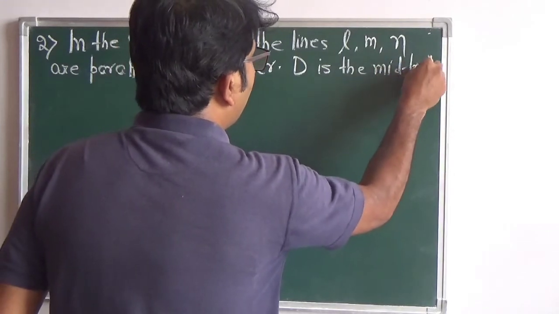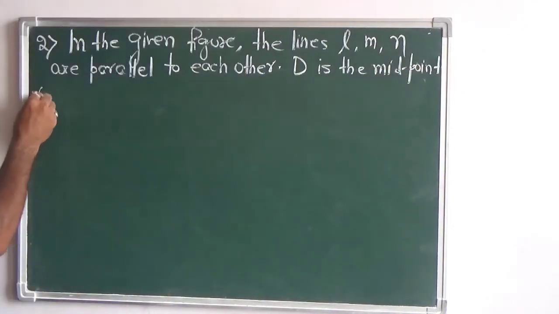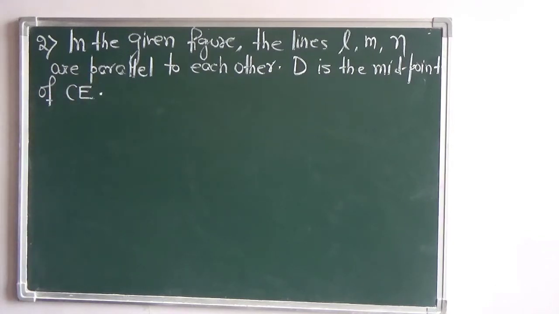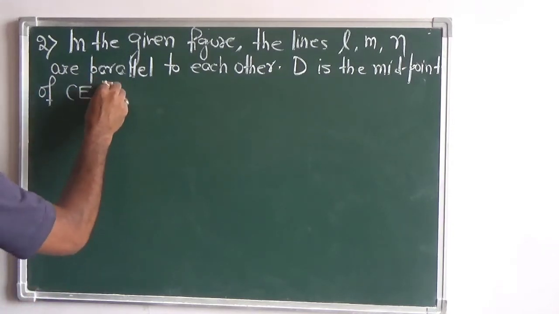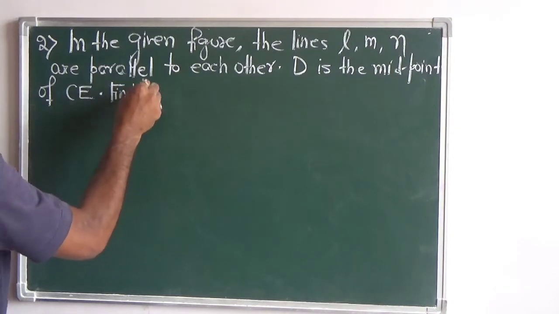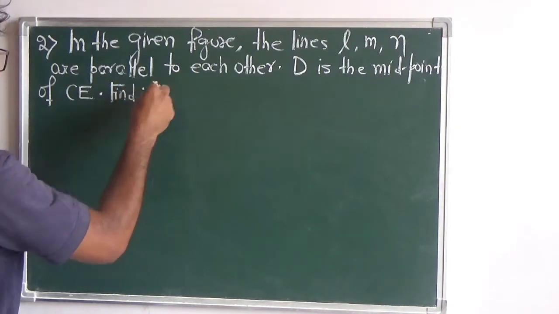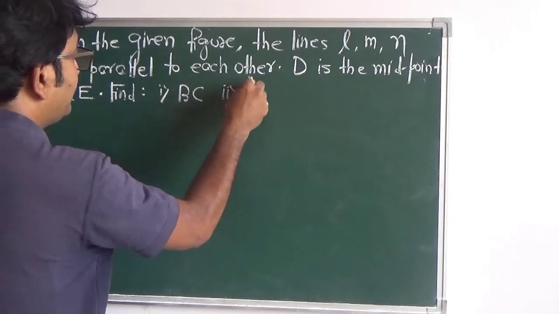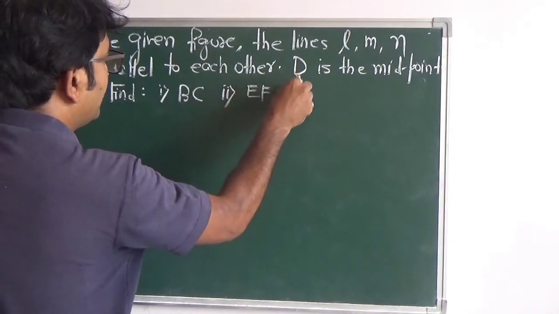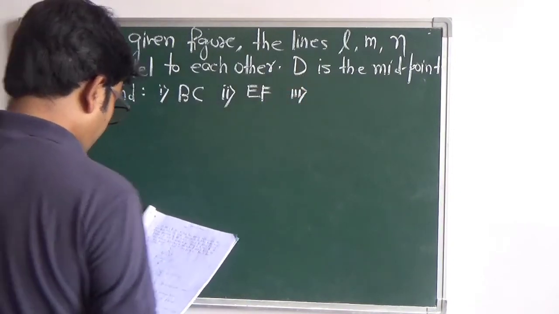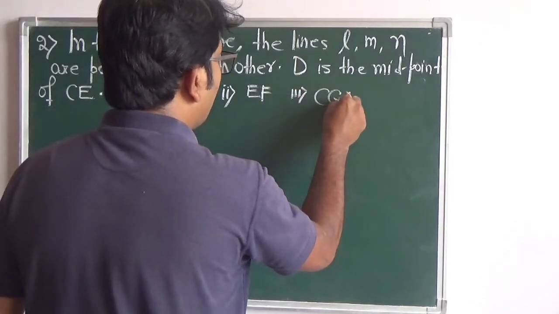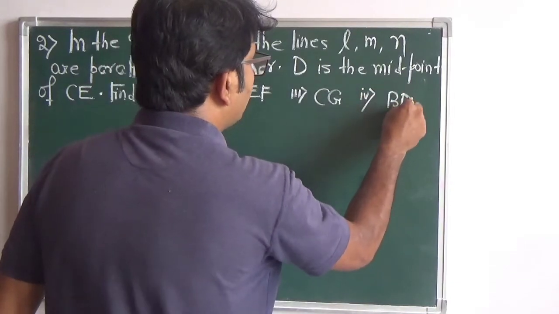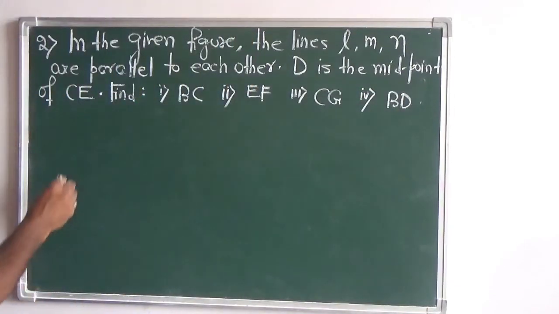Find: number 1, BC; part 2, EF; part 3, CG; and part 4, BD. So let us have the diagram first.